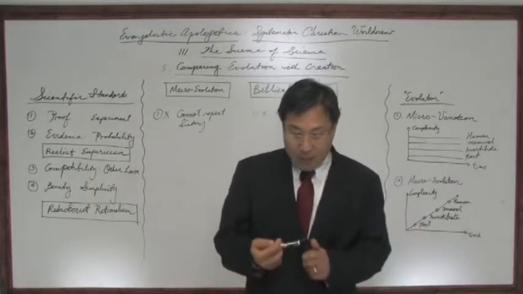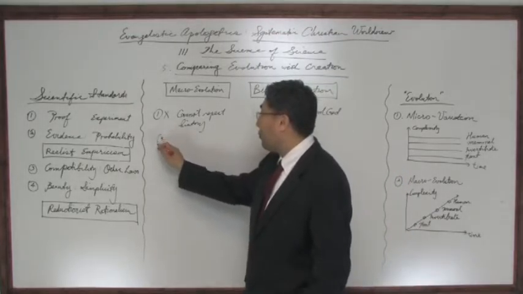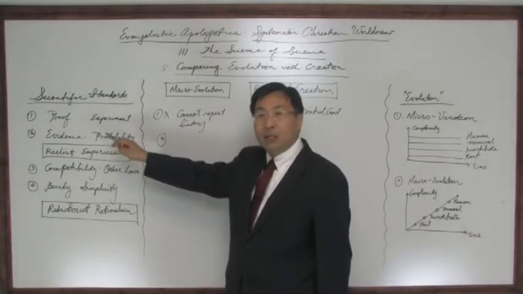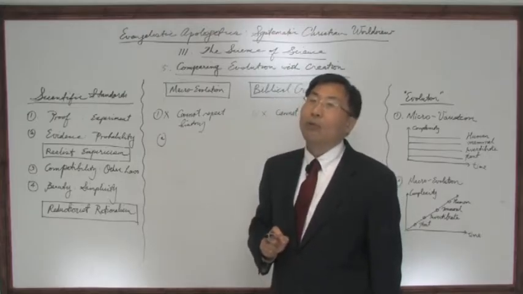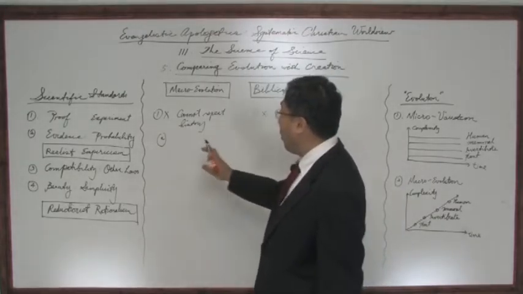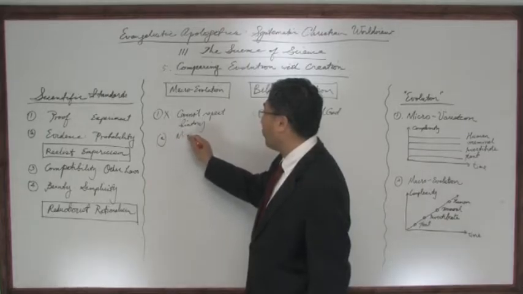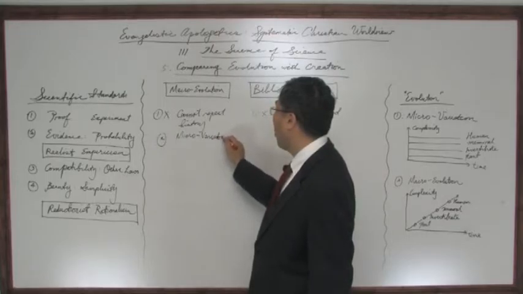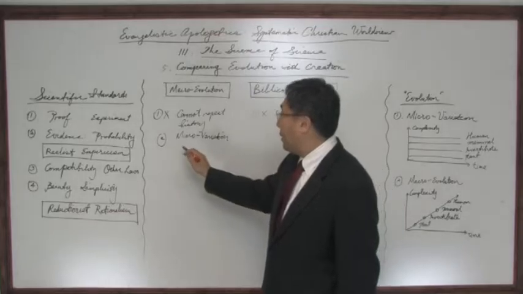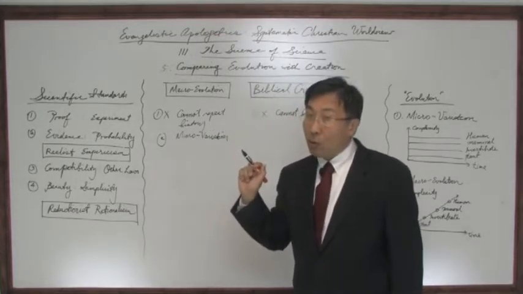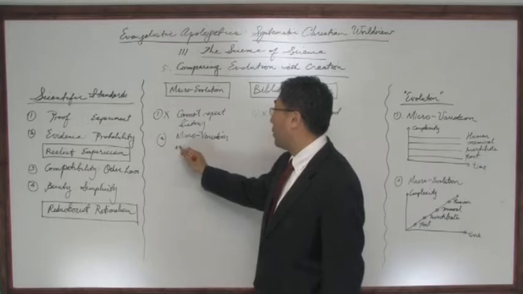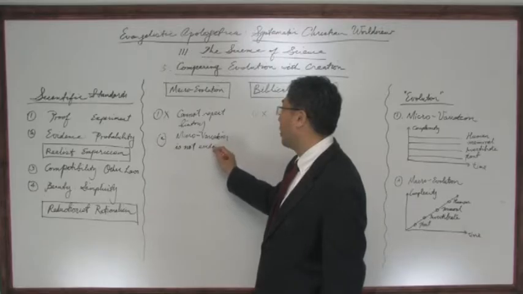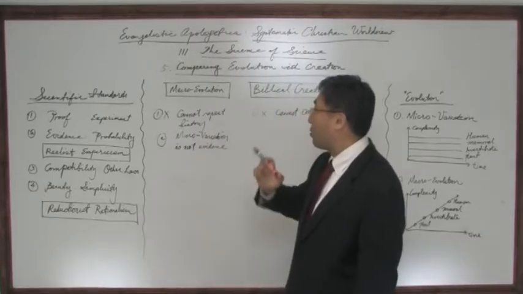However, on the second standard, whether or not you can find evidences and calculate their probabilities, well, you can do it. So first of all, is micro variation an evidence for macroevolution? The answer is that it is not evidence for macroevolution.